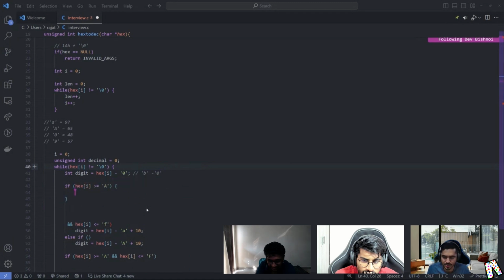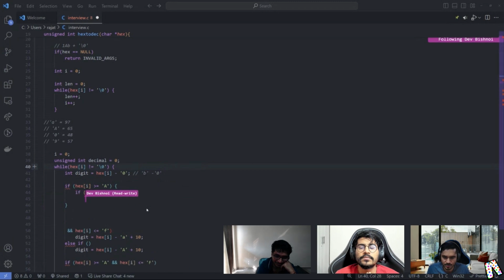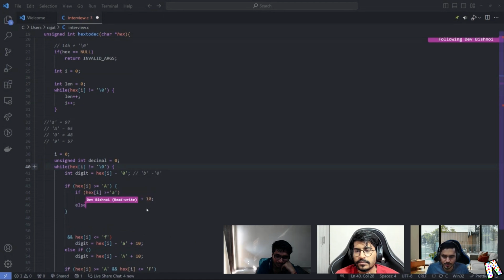If hex i is greater than a, then what I can do is digit is equal to whatever this is, right? Small f. Okay, sorry. Then what I do is this. Else, whatever is remaining.